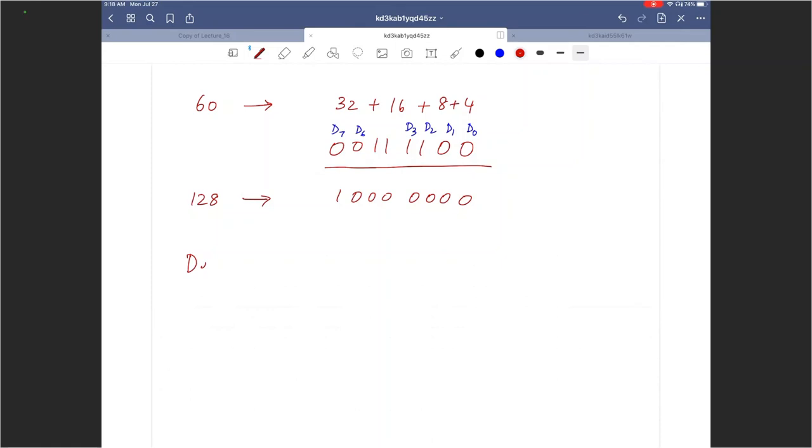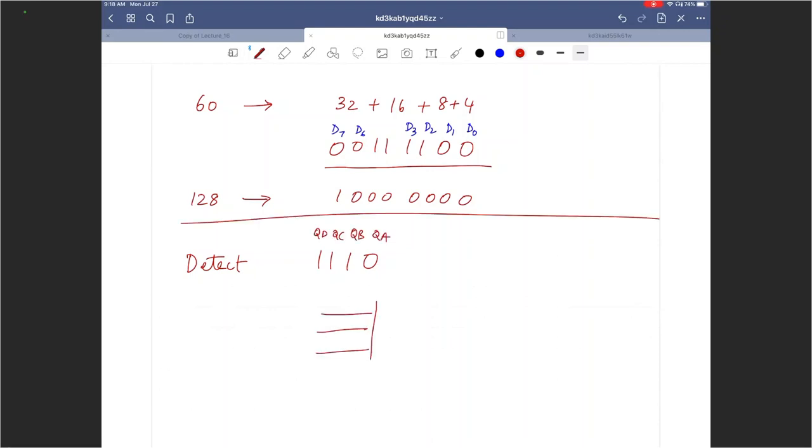If I wanted to detect this, I would simply put 1, 2, 3 into a NAND gate, and then that goes to the load input here. And I would put QD, QC, QB here. So I would use a NAND gate, and when QD, QC, and QB reach 111, that's when it will load whatever it needs to load into the counter.